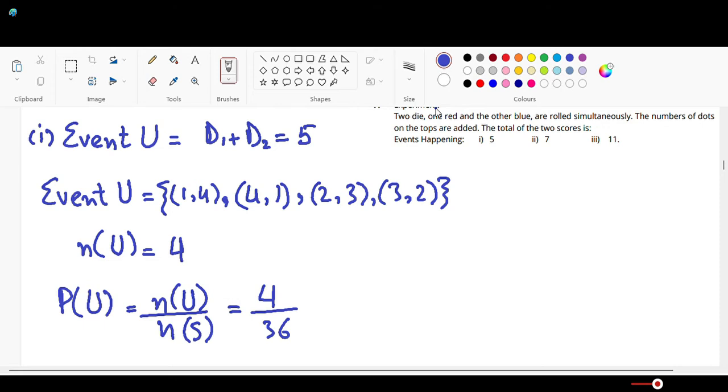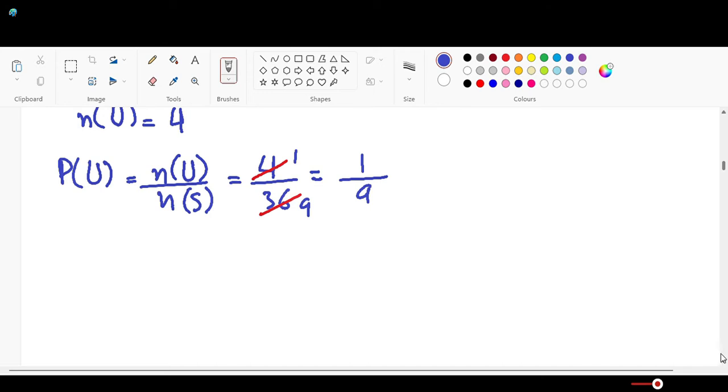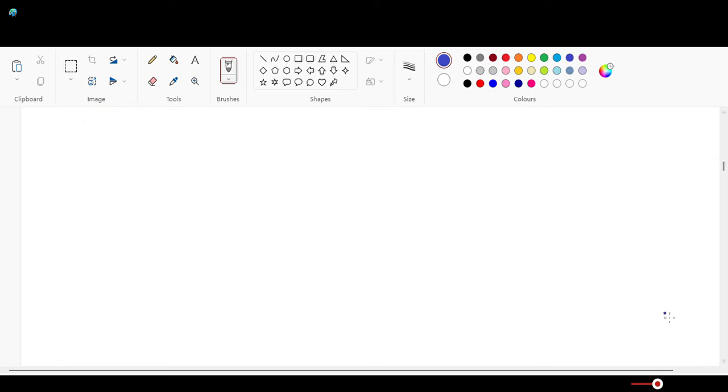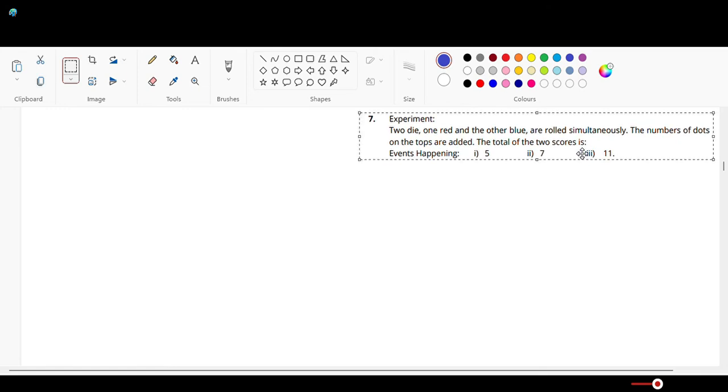As we know the table of 4, 4 nines are 36, so we get 1 over 9, which means we have a 1/9 chance of getting the score to add up to 5. Now let's look at the second case. The second case is, what are the chances that we could get the score to add up to 7?